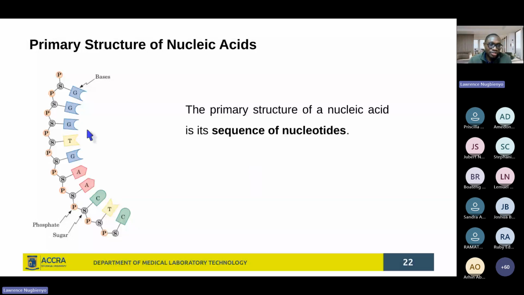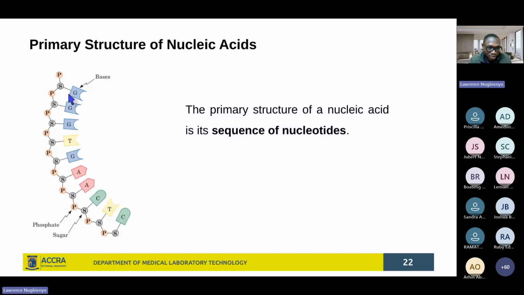Now, when you look on your screen on the left, you have a fragment of a nucleic acid. We already know the structure of the nucleotide to be composed of a sugar, which is represented here by the letter S. And on that sugar, you have a base.